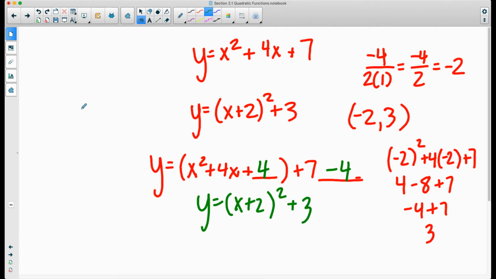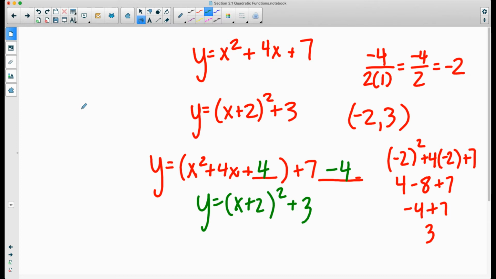Either way, like I said, I don't care if you want to just say, hey, I know how to find the vertex, I'm good. I'll just find the vertex and plug it into the equation. Or some of us remember completing the square, and you can complete the square. I don't care which method of madness you want to use.